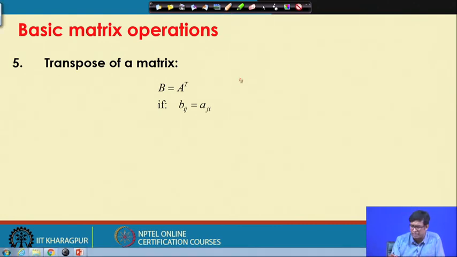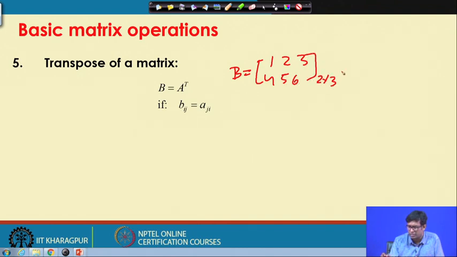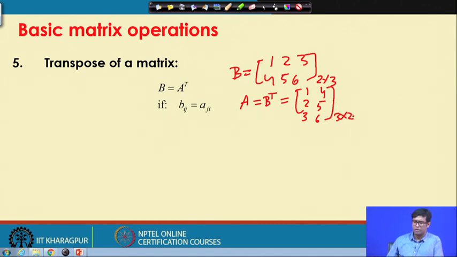For example, let B be 1, 2, 3, 4, 5, 6, which is a 2 into 3 matrix, and A equal to B transpose will be now 1, 2, 3, 4, 5, 6, which is a 3 into 2 order matrix.